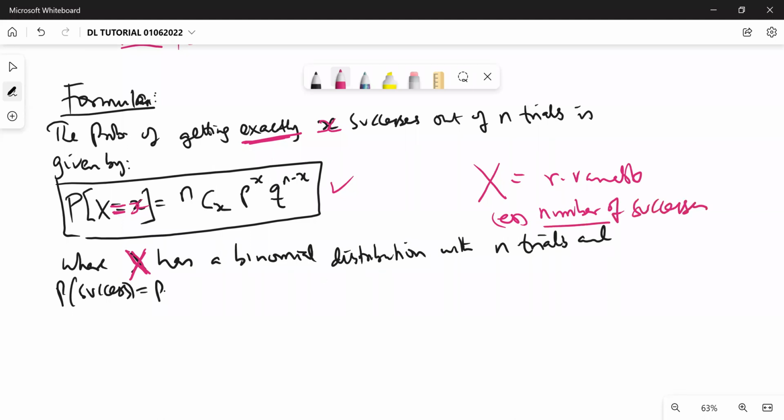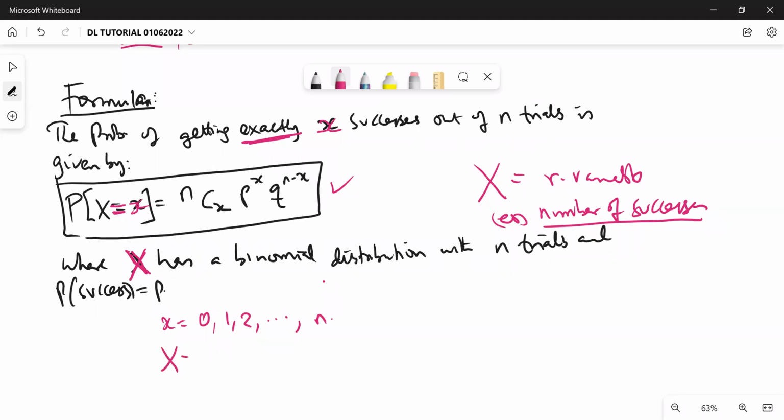Then this small x takes the discrete values 0 successes, 1 success, all the way to n. n is the number of trials, so it can't go beyond there.